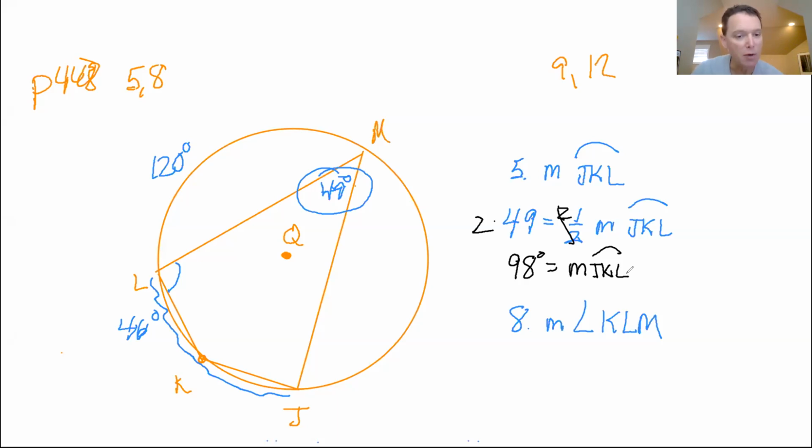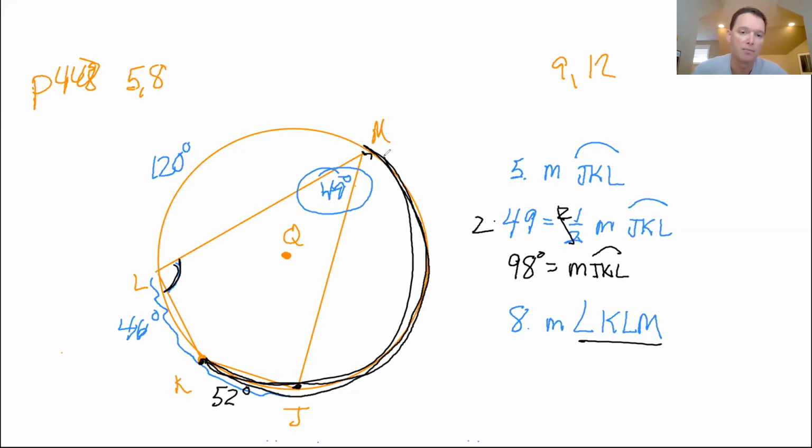Okay, so this is 98 degrees, which means this is going to be 52 degrees, because I know how those add up. And now this is kind of interesting, because the other question is, what is KLM? KLM is this angle right here, and that cuts off this arc here, right?